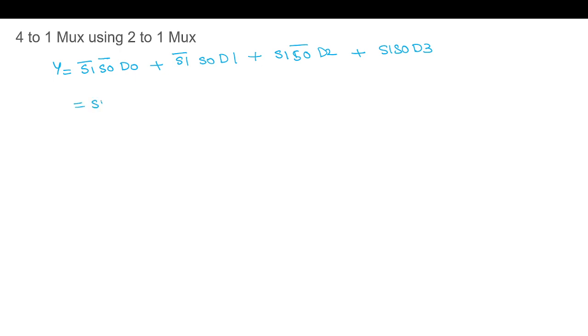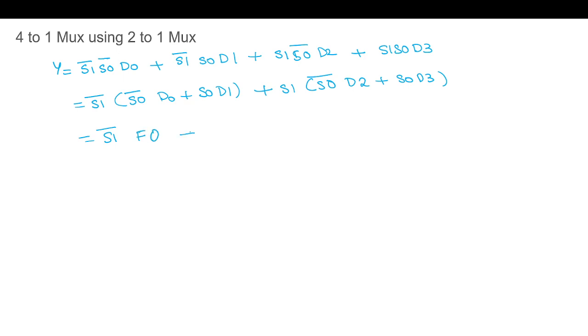If I take S1 as common, it is S1 complement (S0 complement D0 plus S0 D1) plus S1 (S0 complement D2 plus S0 D3). This is in the form of a 2:1 multiplexer, and the final output is also in the form of a 2:1 multiplexer.